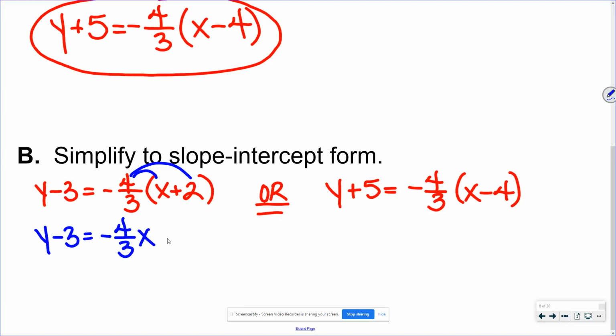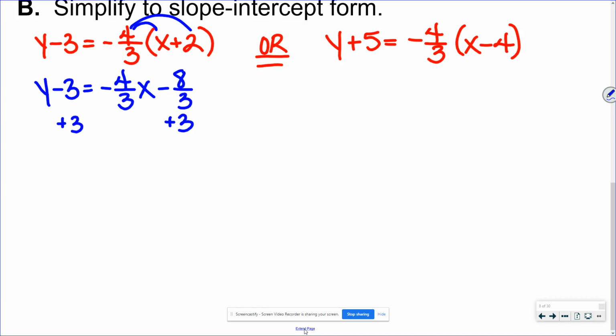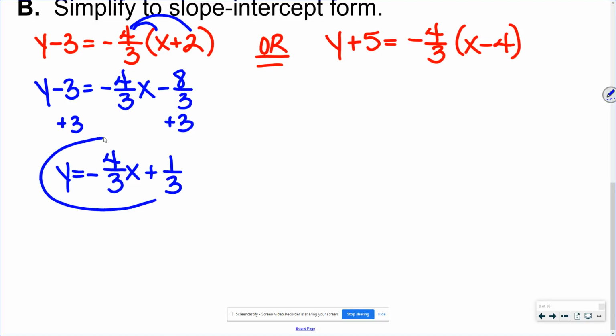So I need to do -4/3 times 2, which is -8/3. Add 3. So I'd have y equals -4/3 x. And then -8/3 plus 3 would be -8/3 plus 9/3, so 1/3. Okay, this is one equation in slope-intercept form. Let me solve the other one now.